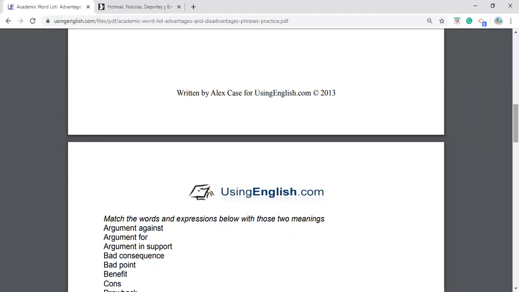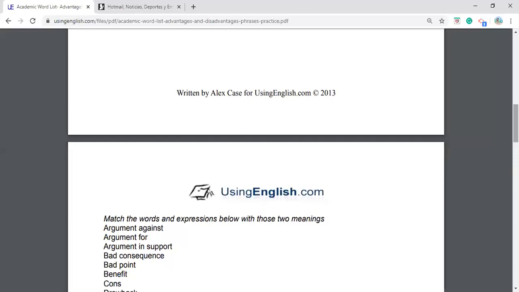The cons is like the opposite of pros. So we can have pros and cons.